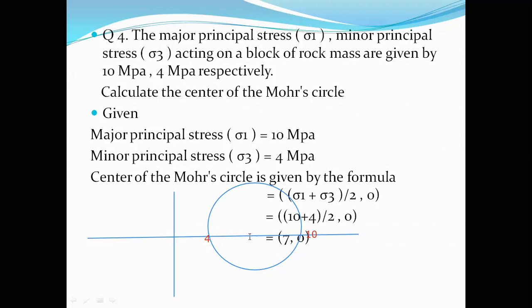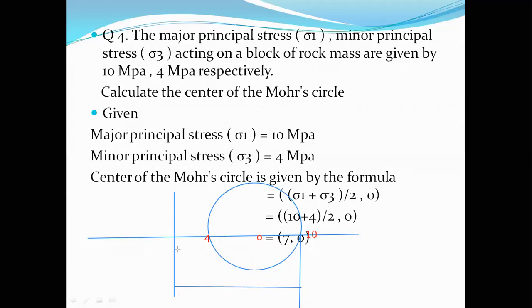But here it is not the radius. Here we are asked to find the center of the Mohr circle, which is nothing but this part I wanted to find. So how to get this value? This is sigma 3, and this is sigma 1.